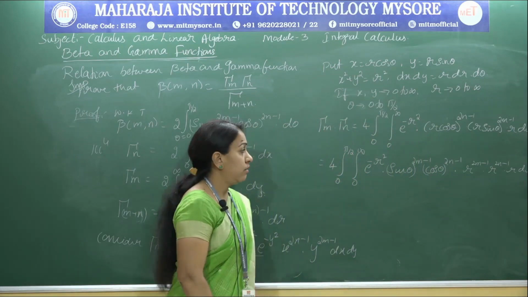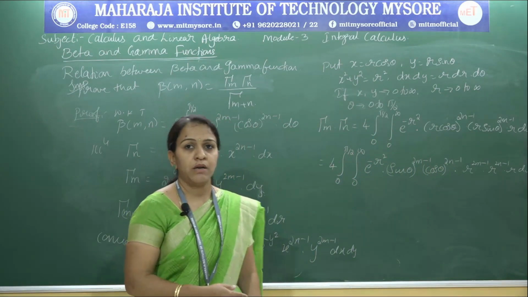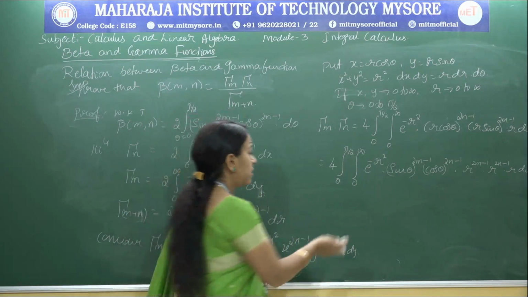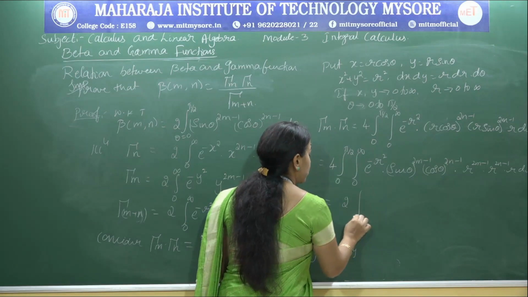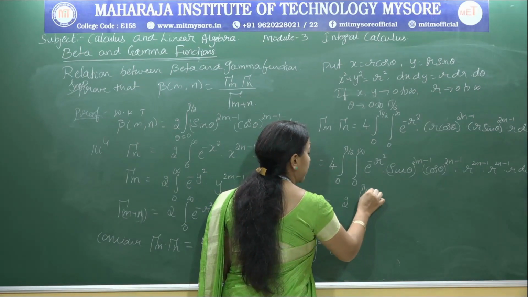Right? Now I split the theta variables to theta limit integrals and r to r integrals. I separate like this, and I split the 4 as 2 into 2 times integral 0 to pi by 2.